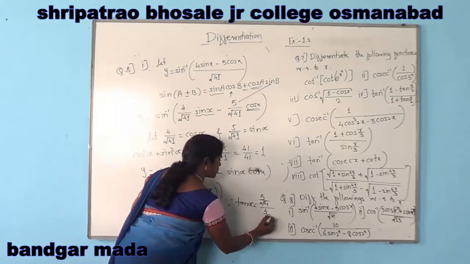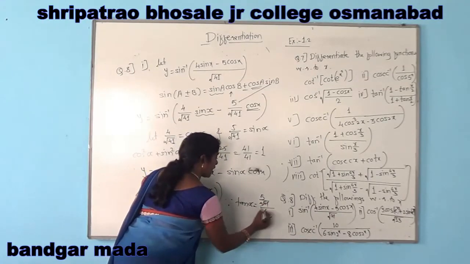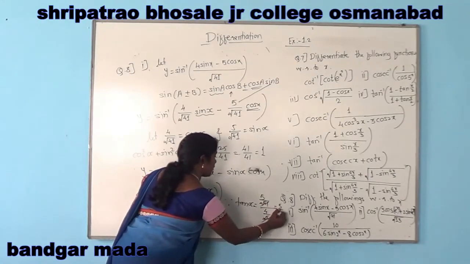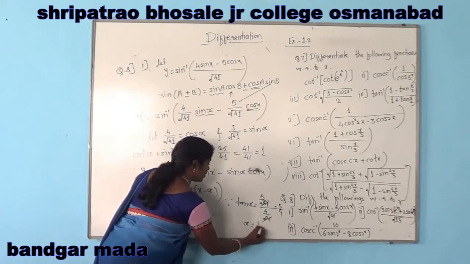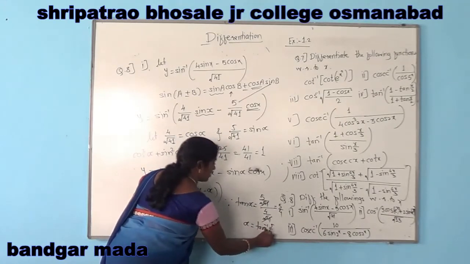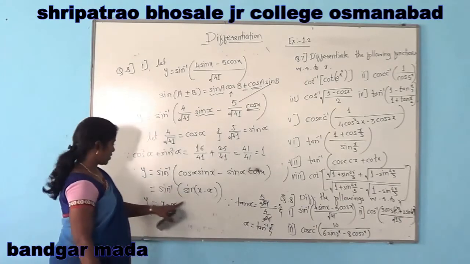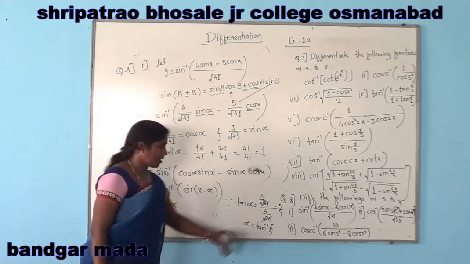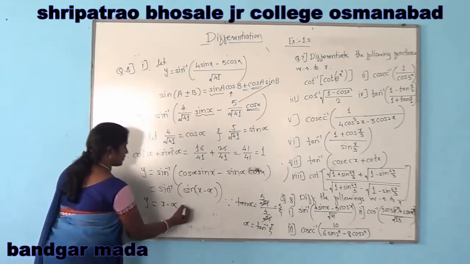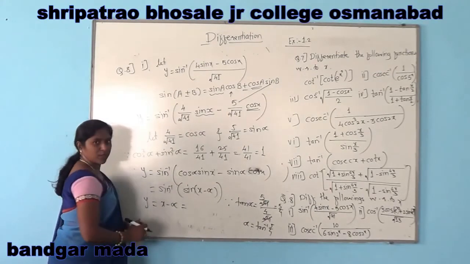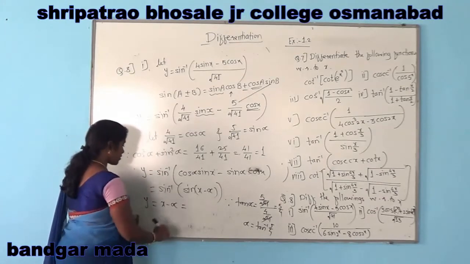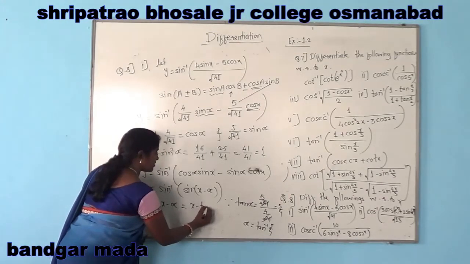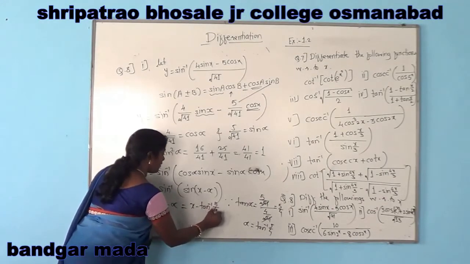So we can cancel root 41 and we get tan alpha is 5 by 4, or alpha is equal to tan inverse 5 by 4, which is a constant. So for alpha, we can take tan inverse 5 by 4 and then differentiate y, so that its derivative is 0 because it is a constant. y is x minus tan inverse 5 by 4.